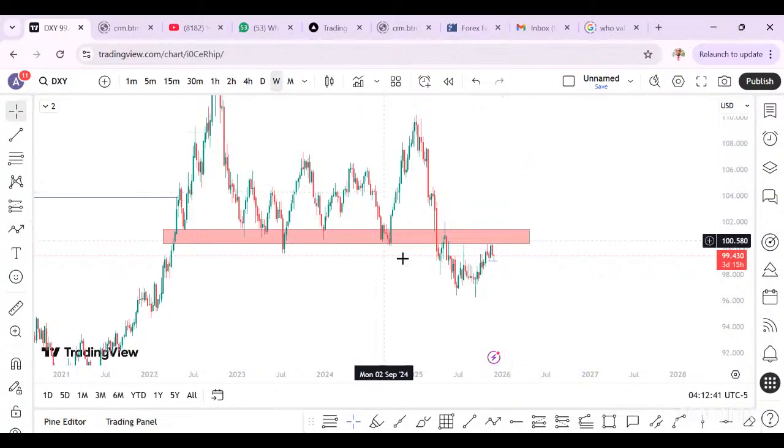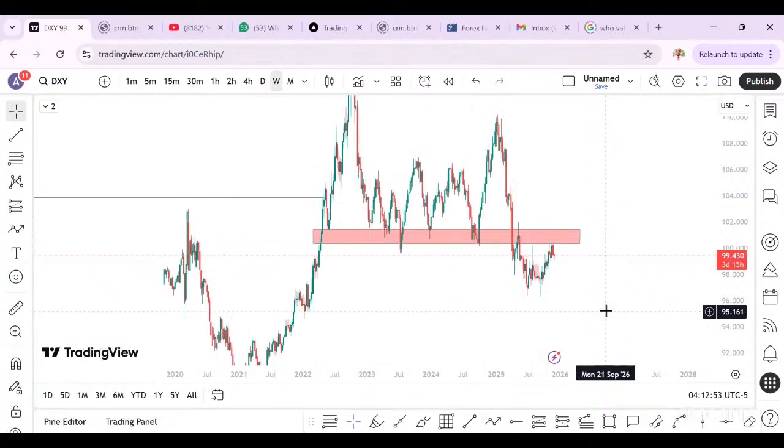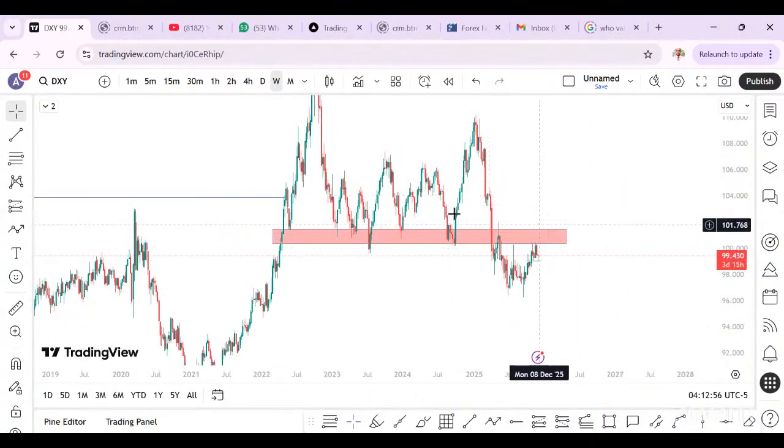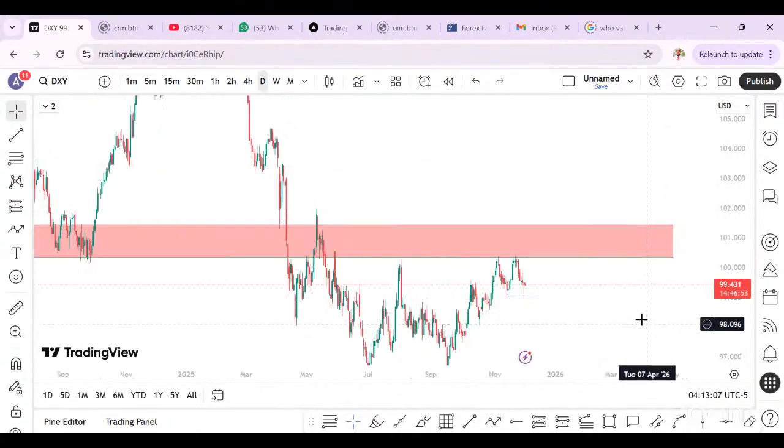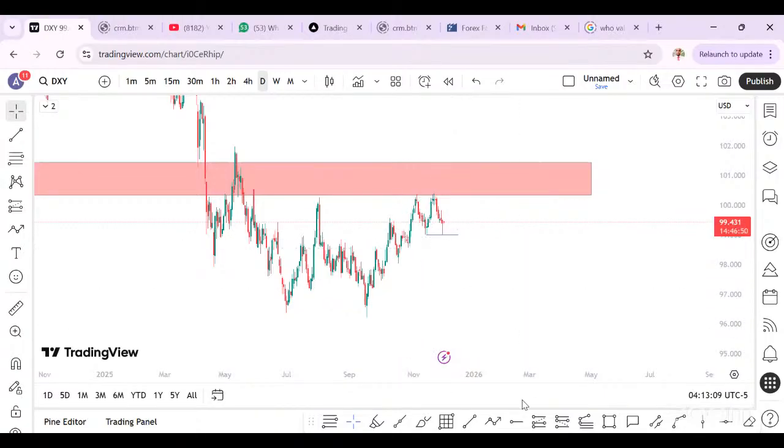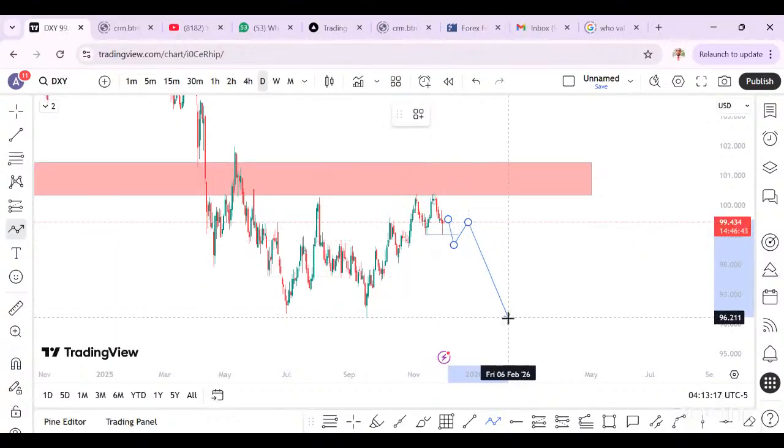But for now, we can see that price is struggling from this strong key zone here. Our price is being rejected. So before we can see a strong dollar, is when we see price sitting up here. So for now, that is giving us more of a kind of pullback on dollar. So this is daily time frame. Now, once we have a daily close below this low here, then we could see dollar pushing more down, right?